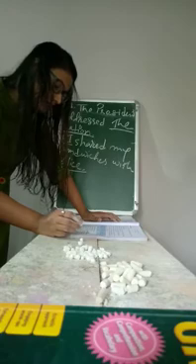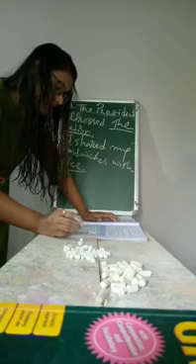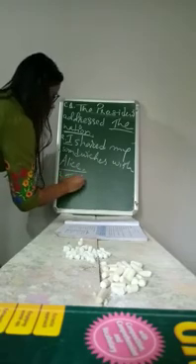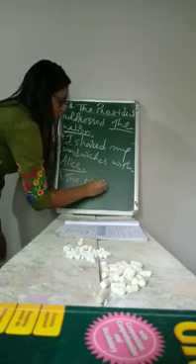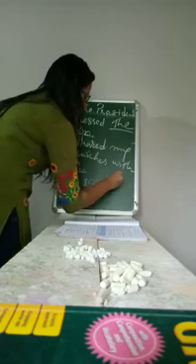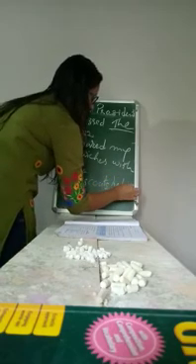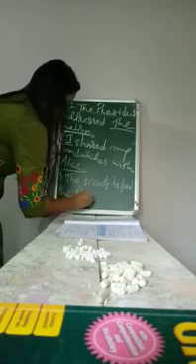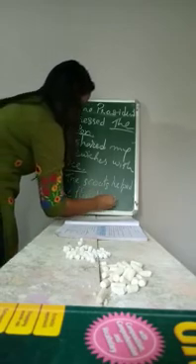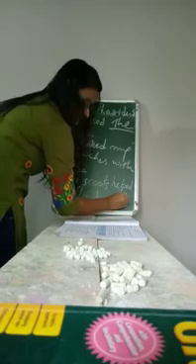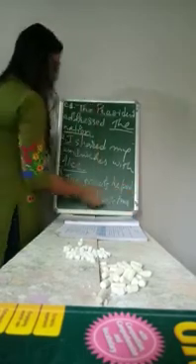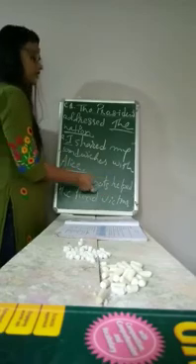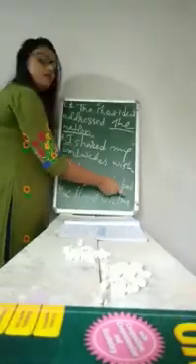Then we have number 3. The scouts helped the flood victims. Okay, so here the subject is the scouts, right? Because they are the ones doing the work, the helping work.